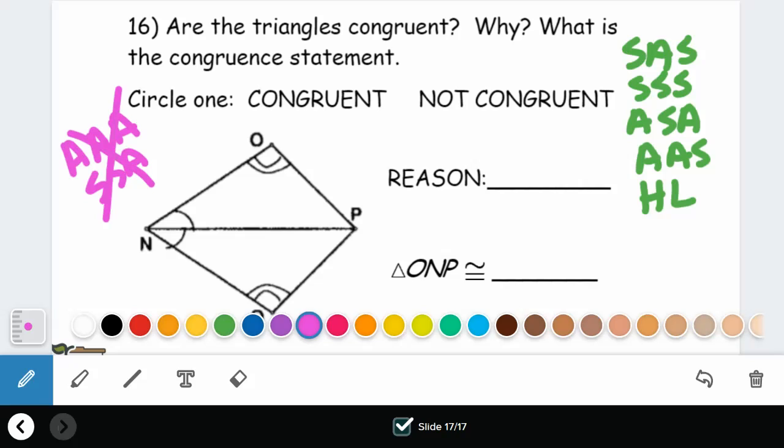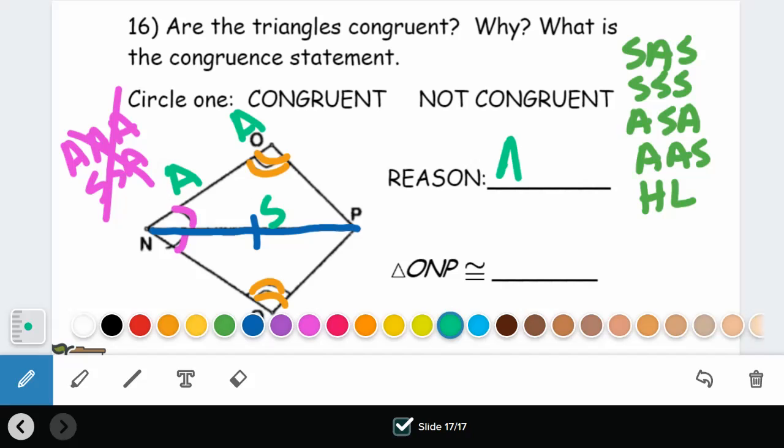Okay. So if I take a look at this, you'll notice that this angle and this angle are the same. So I have an angle. And here I have another set of angles, so I have an angle and an angle. And then right here, this side is shared, so I have a side. So if I'm going around, this is angle, angle, side. So yes, it is congruent, angle, angle, side. And then when we're doing this, we need to match things up.